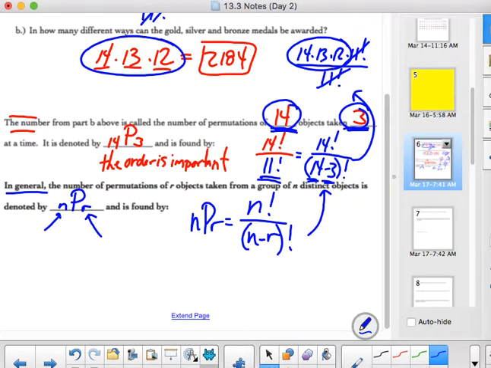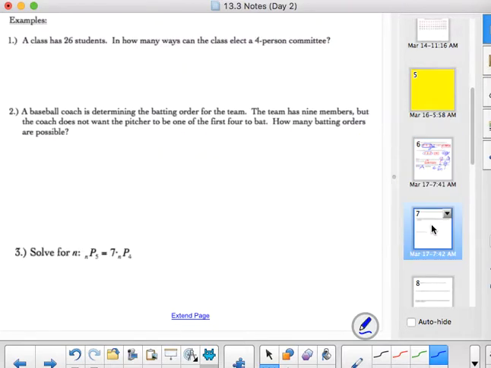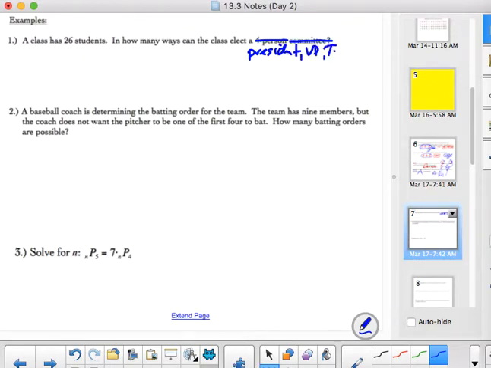Okay, so let's take a look at 3 examples here, and then we'll take a look at one more idea. A class has 26 students. In how many ways can the class elect a 4-person committee? And I'm actually going to change this. I don't want to talk about a committee, but I want to say elect a president, a vice president, a treasurer, and a secretary.